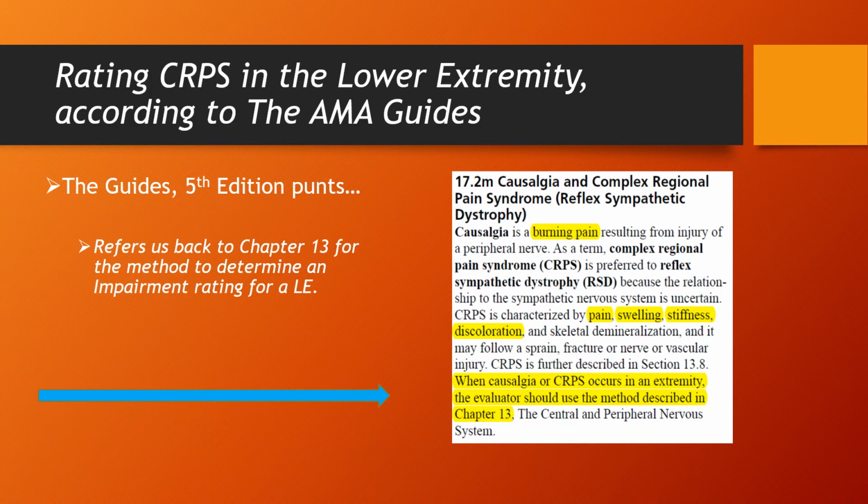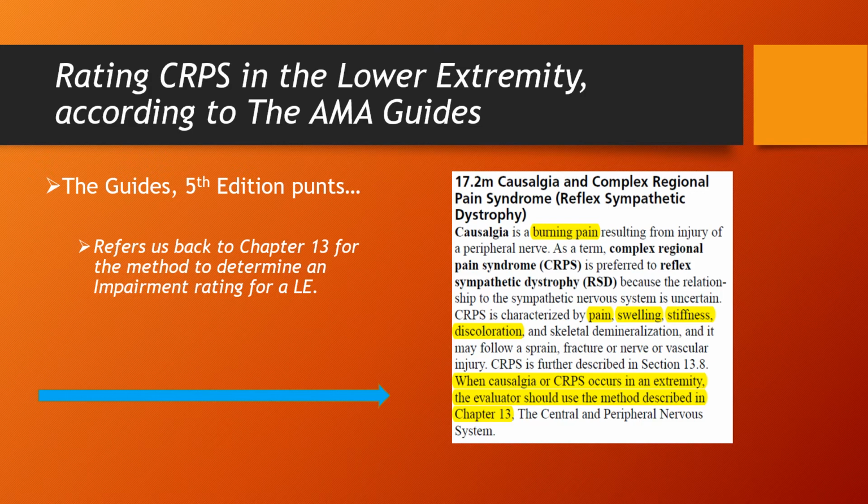It's called complex regional pain syndrome, and it's preferred to reflex sympathetic dystrophy because the relationship to the sympathetic nervous system is uncertain. So here we go back into this lack of determination of whether it's a central nervous system issue or a sympathetic nervous system issue, either or both. They do characterize the symptoms as pain, swelling, stiffness, discoloration, possible skeletal demineralization.